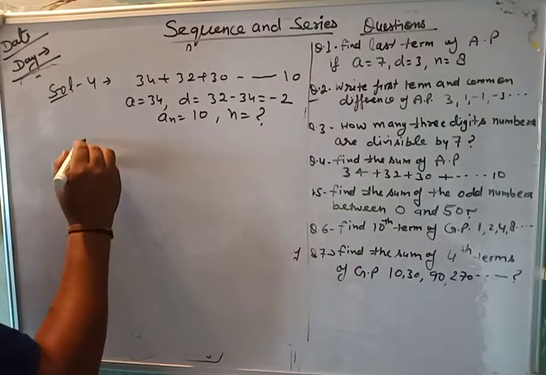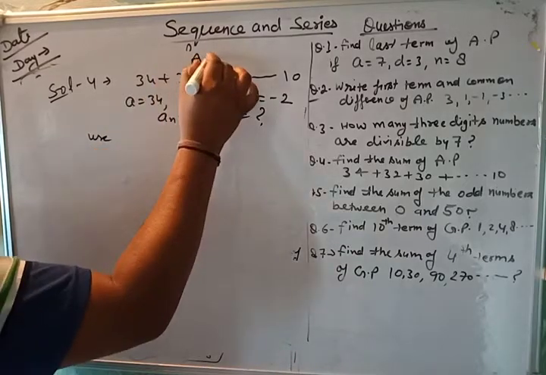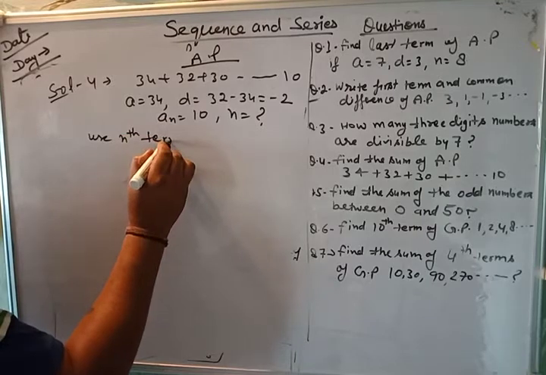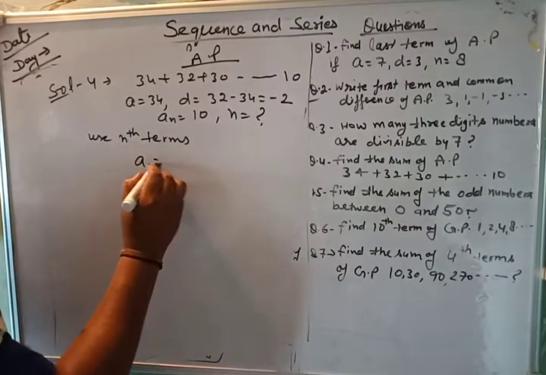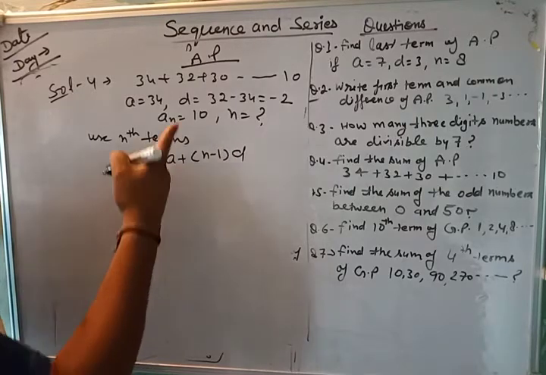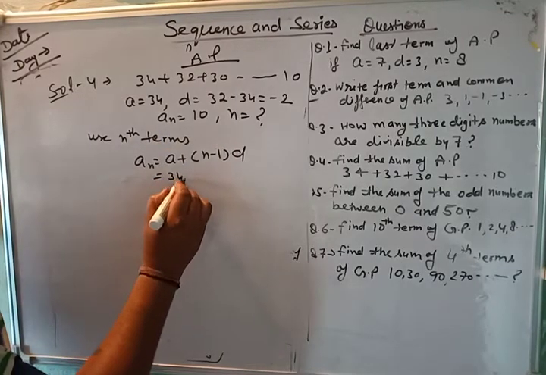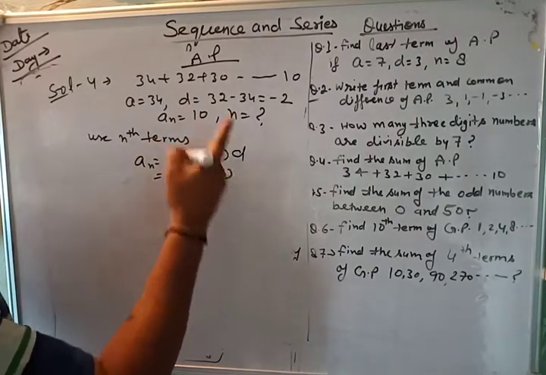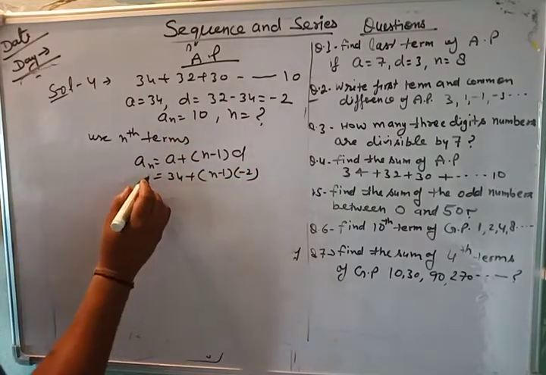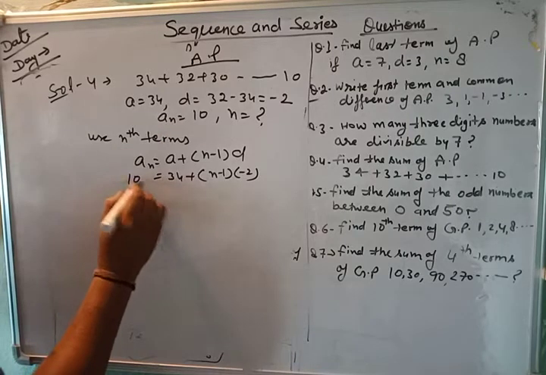So then use the nth term formula: an equal to a plus n minus 1 into d, 34 plus n minus 1 into d, what is d? Minus 2. Here an equal to 10.